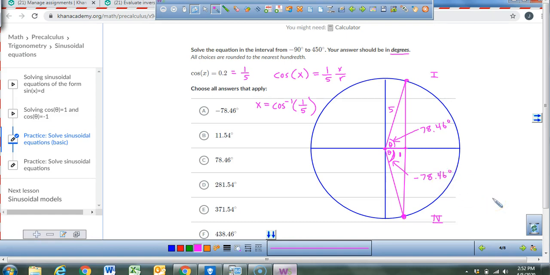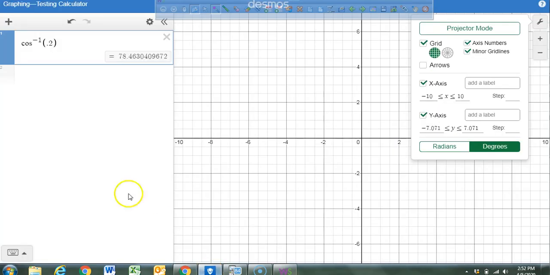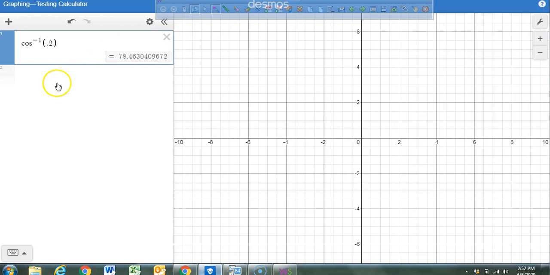Now this problem is going to be a lot easier because all I have to do is take 78.46 degrees and add 360 to it, or I can go right here and take negative 78.46 degrees and add 360 to it. Okay? So we're going to create a list right now. Let's go to our calculator. I'll use Desmos. You can use your graphing calculator if you want.